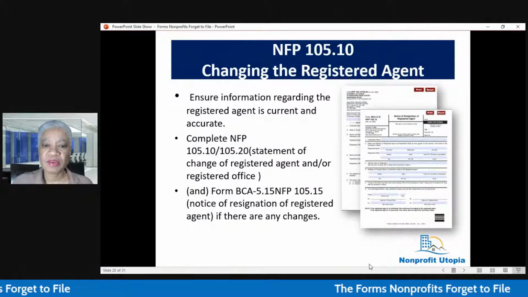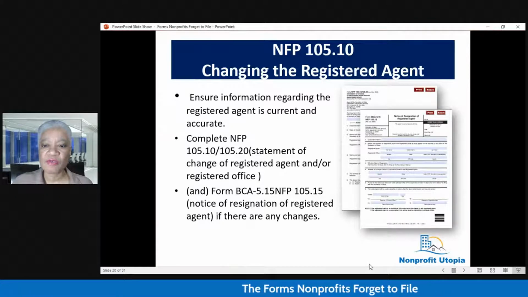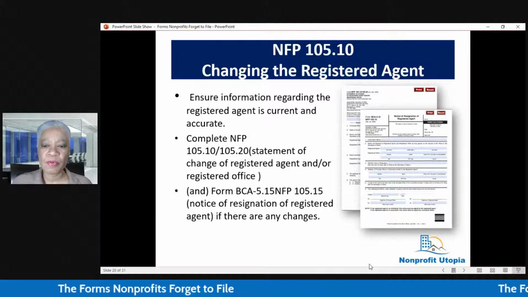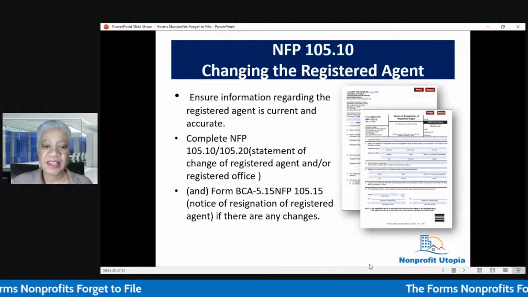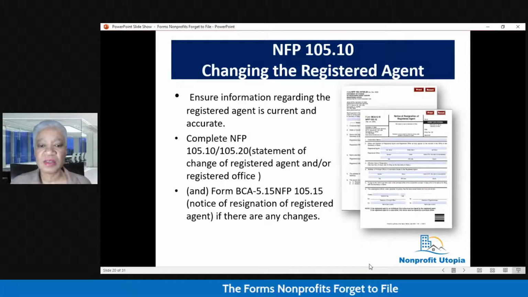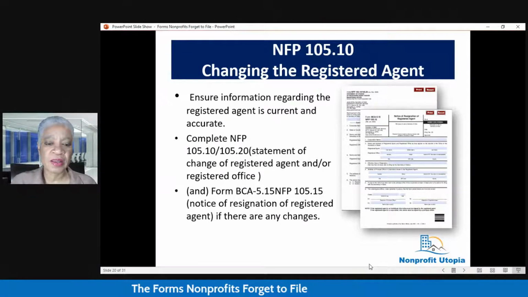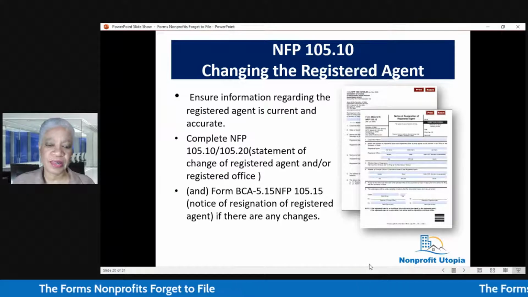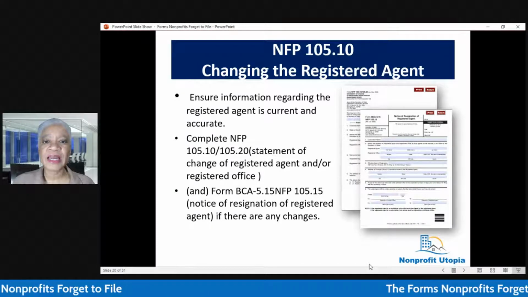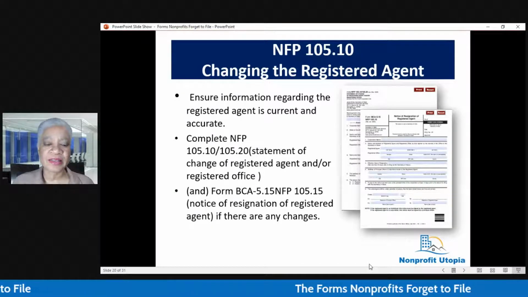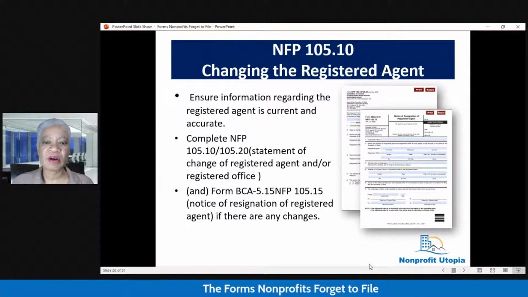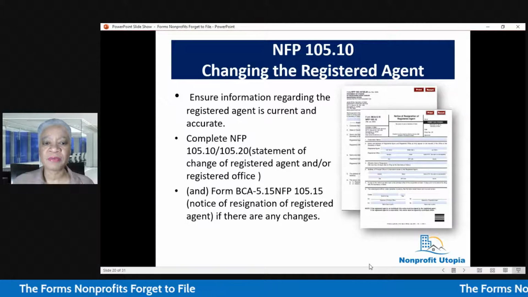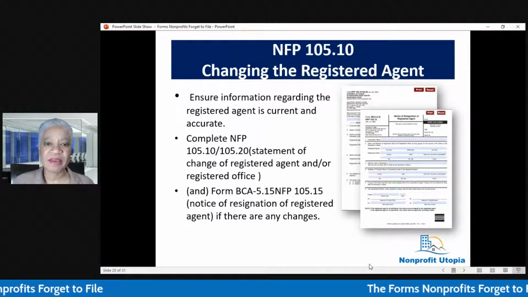All right, so this next set of forms is Form 105.10. This first one is for changing your registered agent, right? And your registered agent is the person in your organization that receives all of the government notices, telling you that you have to file XYZ form.